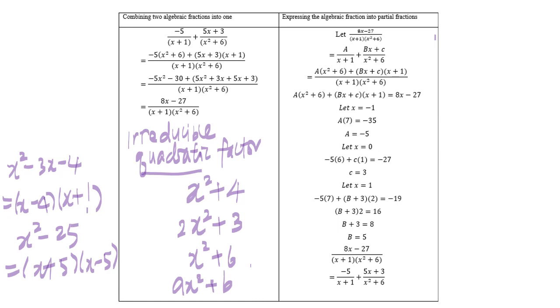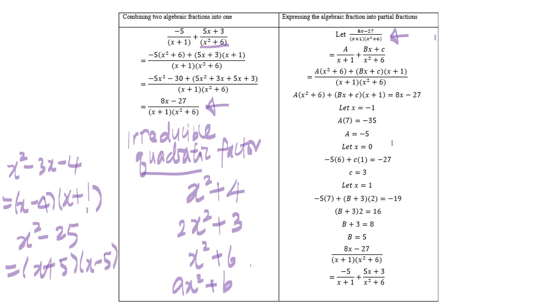In the example on the left, you have a fraction with a linear factor, and the second one has an irreducible quadratic factor. You combine them into one, and this is what you get. Now if we reverse the process, given this huge algebraic fraction, how are you going to express it as two partial fractions?